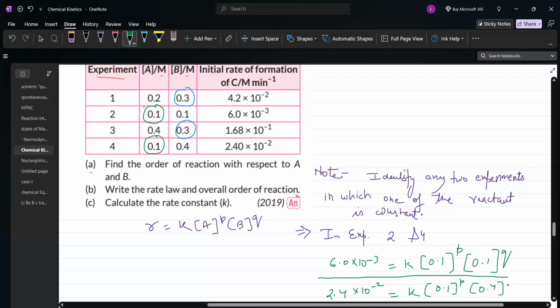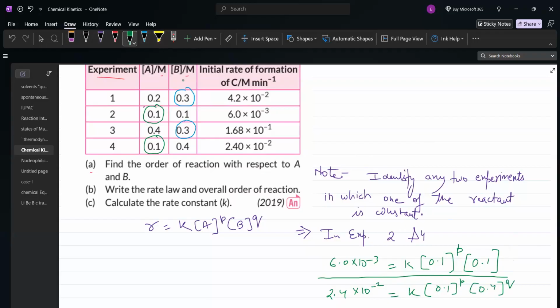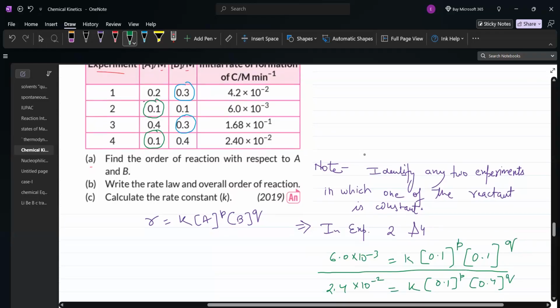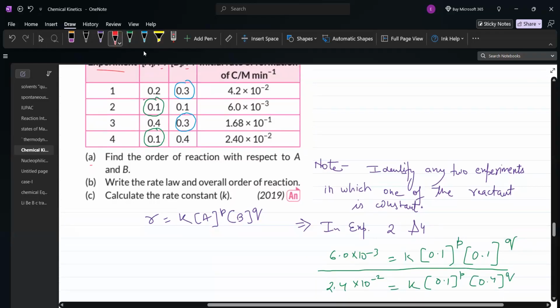Okay. So we have no problem writing this, right? No, sir. So let's cancel out the equal things, like K will be cancelled. This whole thing will be cancelled, right? No problem at all.